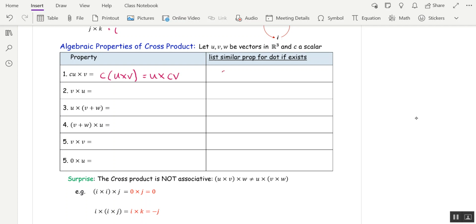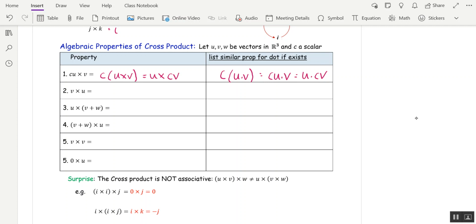Yes, there is. C times U dot V is either CU dot V or it's U dot CV. It goes with one of the U or the V, not both.